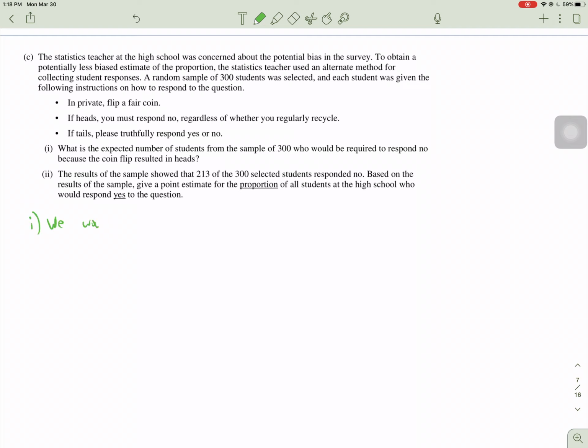You can kind of guess this. Well, what's 0.5 times 300? We would expect 150 students to be forced to say no. Okay, so part 1 is nice and easy.